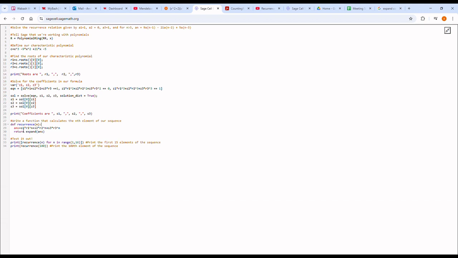Well, the closed form expression is given by that first solution we found times r1 to the n, plus that second solution we found times r2 to the n, plus that third solution we found times r3 to the n. That's our general form for solutions to a linear recurrence. So we have it do that, and then this expand is just going to translate it from something with a whole bunch of square roots and stuff into nice integers. So it will hopefully do that correctly.